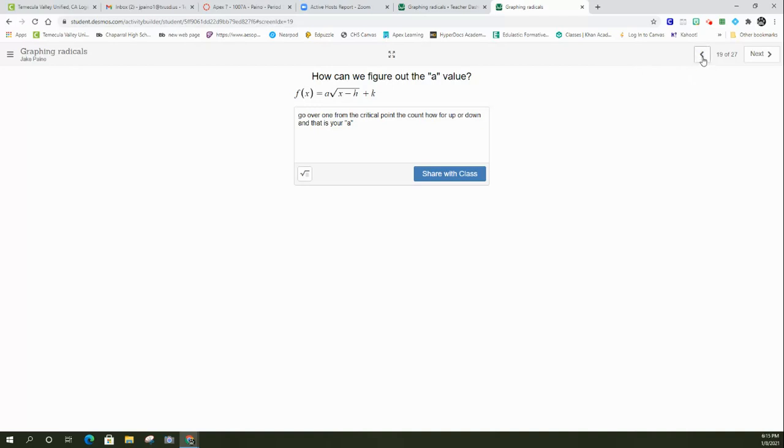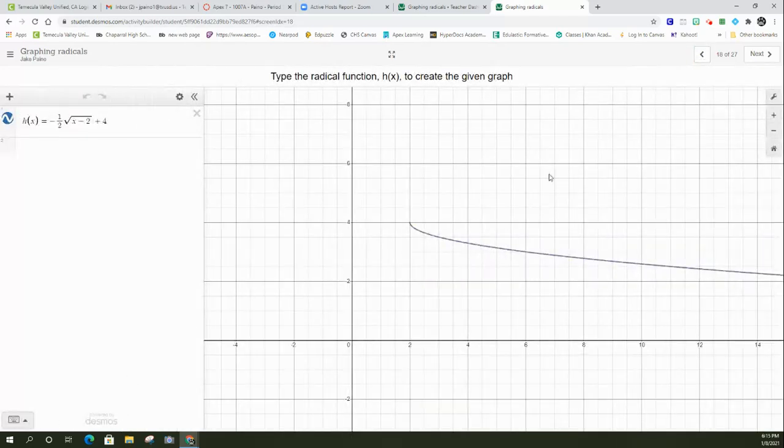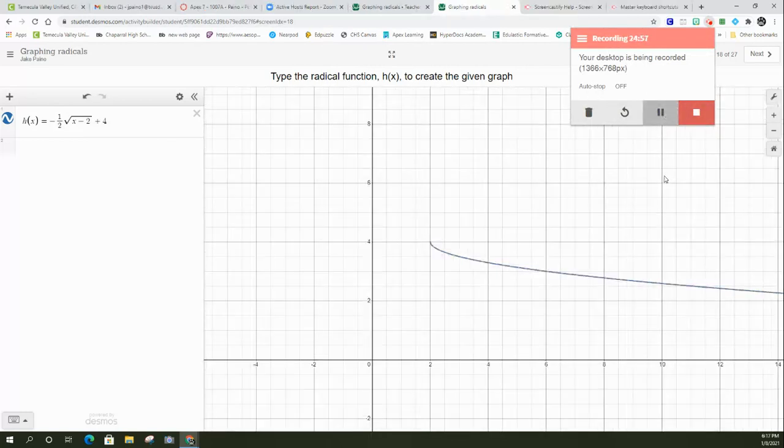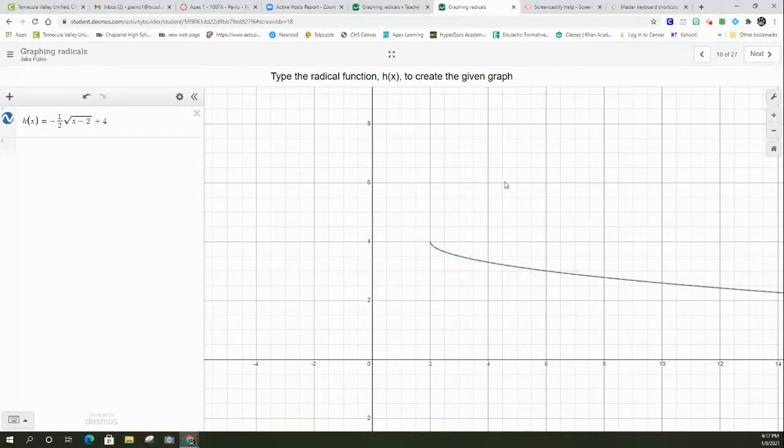All right, so for example, to show you algebraically, say we know that it's y equals a, we don't know a, square root of x minus 2 plus 4.